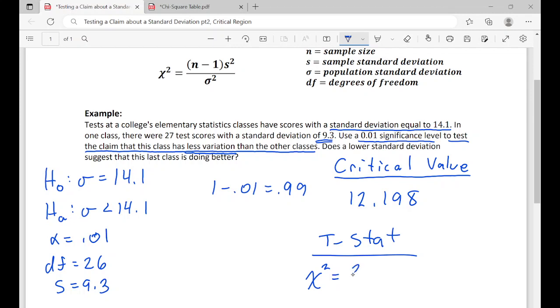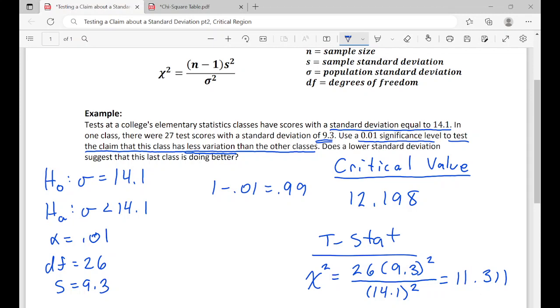So we'll say 26 times s squared, so that's 9.3 squared, over our sigma squared, which is 14.1 squared. And when we do the arithmetic here, we're going to get, to 3 decimal places, 11.311.